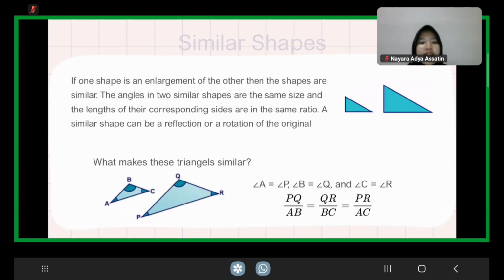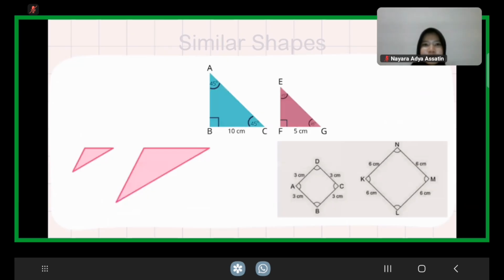Because angle A is equal to angle P. Angle B is equal to angle Q, and angle C is equal to angle R. Then the sides PQ over AB equal QR over BC equal PR over AC. Now, these are examples of similar shapes.